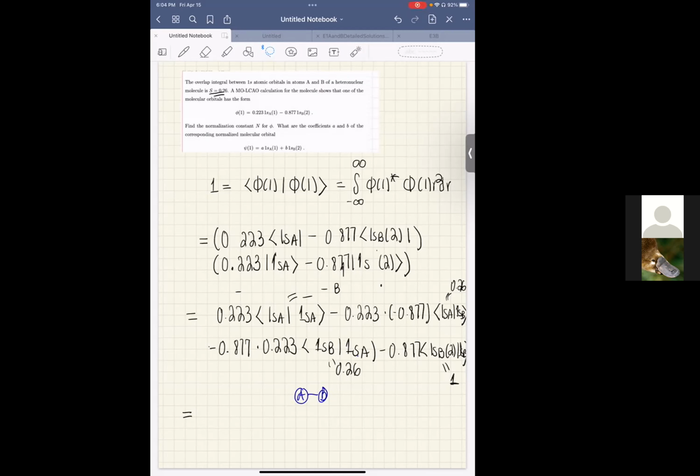0.223. Oh wait, that's going to be it squared. Forgot that.